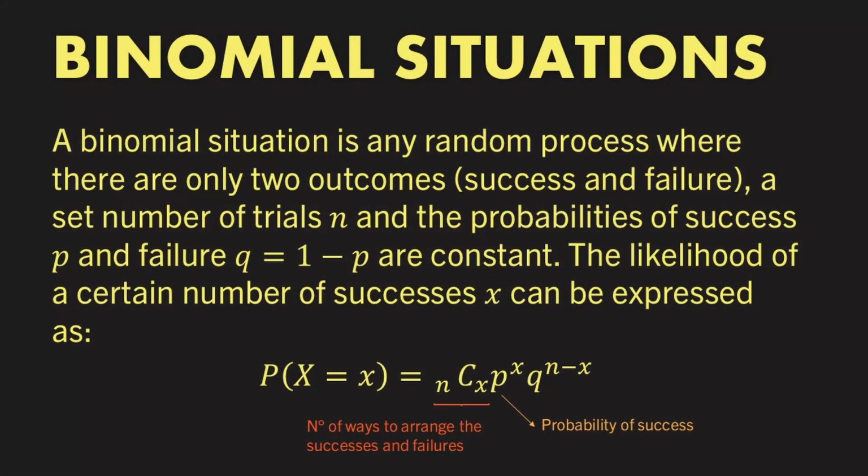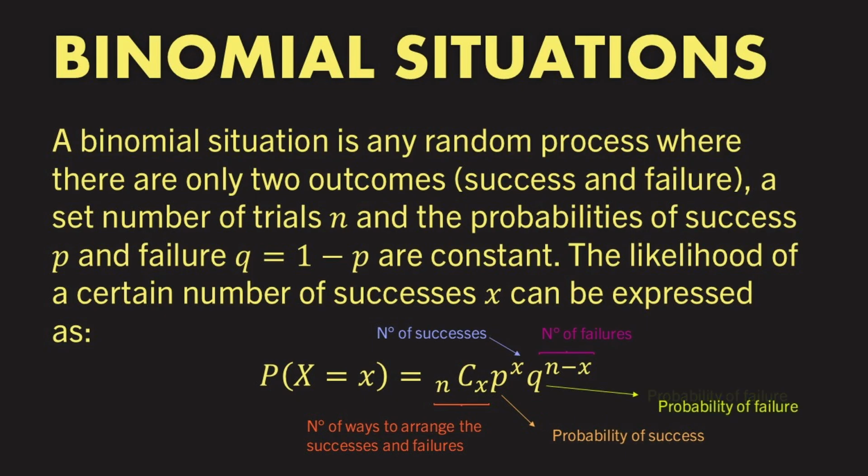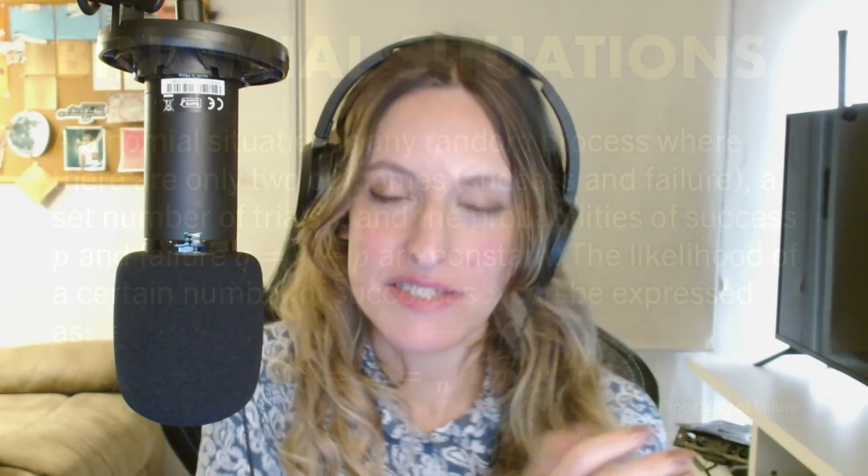Then I have the probability of each success to the power of the number of successes I'm expecting. And then I multiply times the probability of each failure to the power of the number of failures I have in that case. Because the number of failures is the number of times I don't succeed, it's n minus the successes. And this formula is going to allow me to calculate the probability of binomial situations.